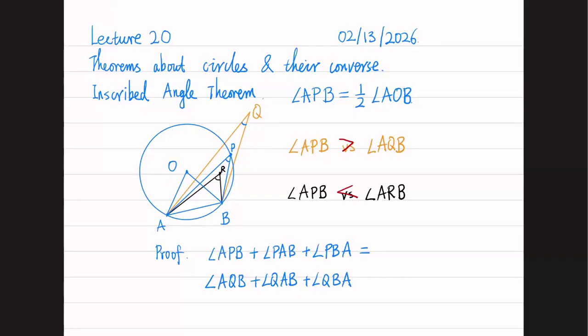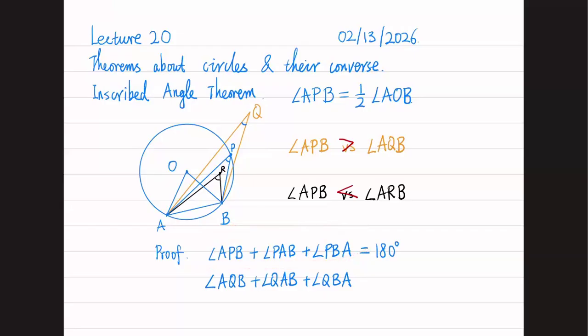Okay, Kira, what's the sum of these three angles? 180. Why? Because they're the interior angles of a triangle. Okay, the interior angle theorem tells us this is 180.